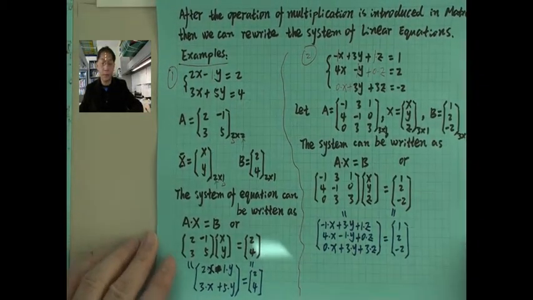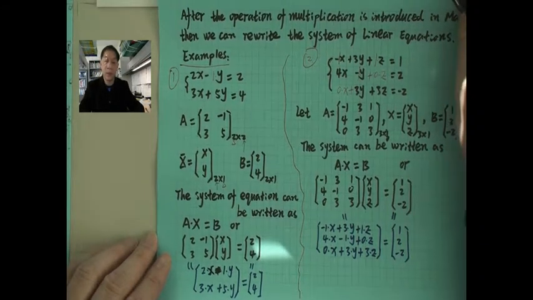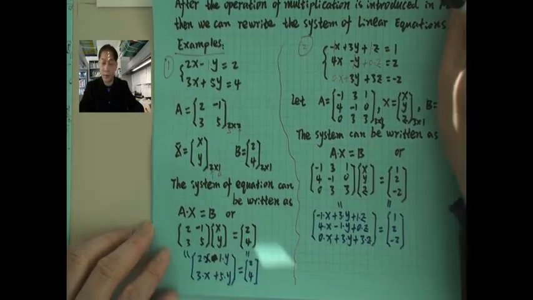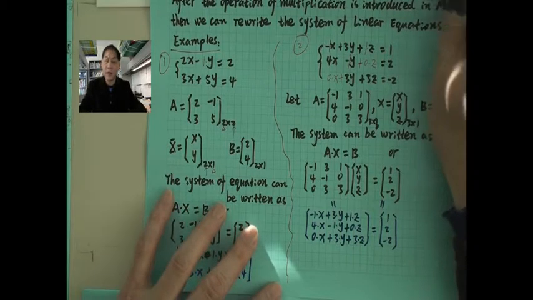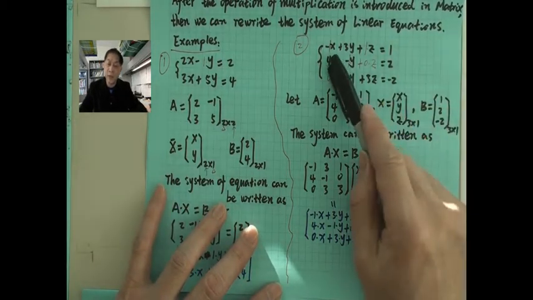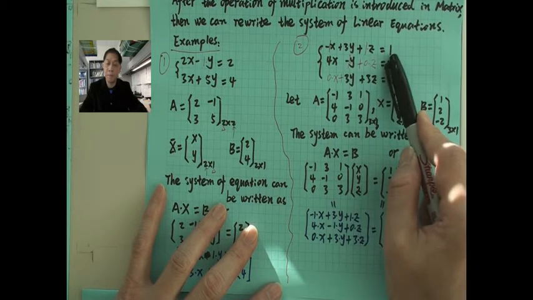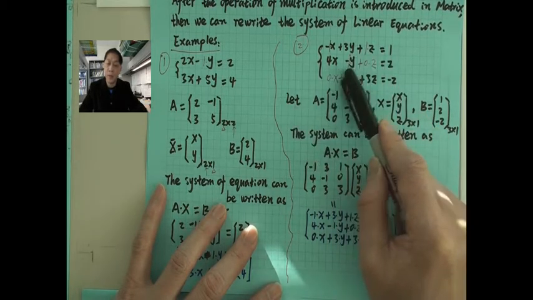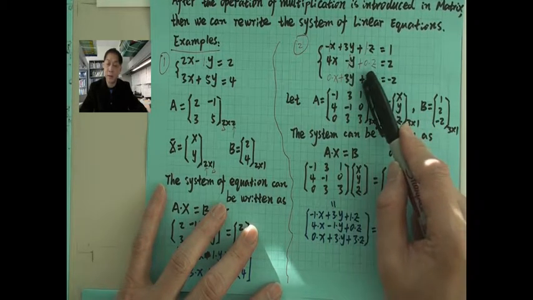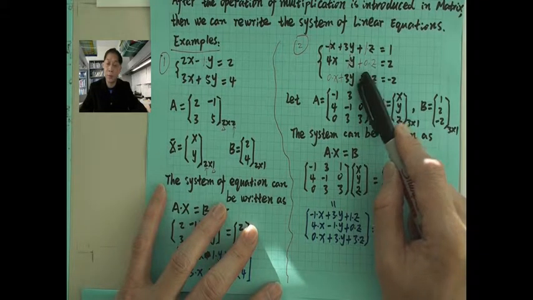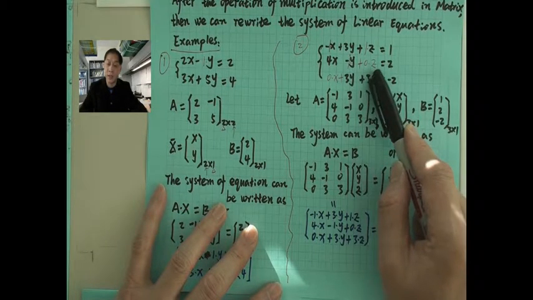Now, let's look at the second equation. The second system is negative x plus 3y plus z equals 1, 3x minus y plus nothing. So that means 0z.